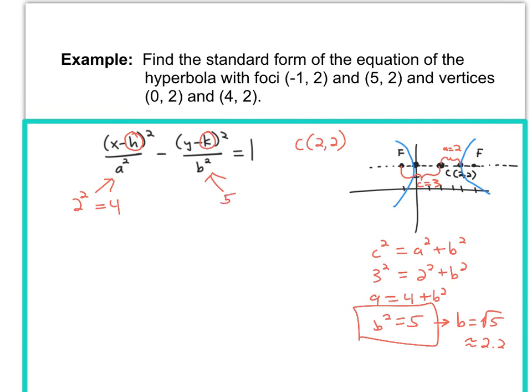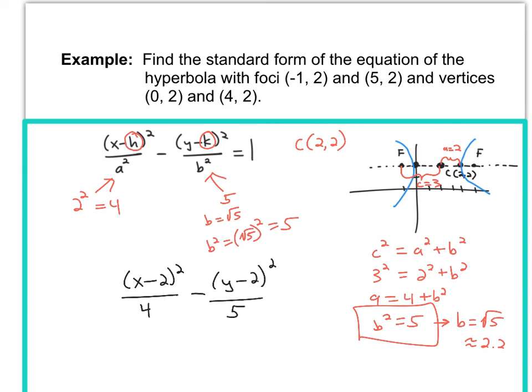I could also say that b is radical 5, so b squared is radical 5 squared, which is 5. So my equation ends up being x minus 2 quantity squared over 4 minus y minus 2 quantity squared over 5. And then the whole thing always equals 1.